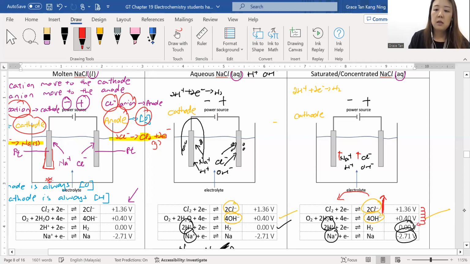until the point that it surpasses the positive 0.40. So now the more negative version is actually here, which we do not know the value, but of course this value can be calculated using the Nernst equation, which you will learn in another lesson. So the new value for the chlorine gas and chloride ion is no longer positive 1.36. It should be less positive or more negative.